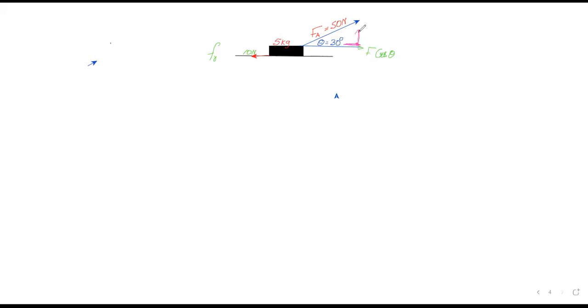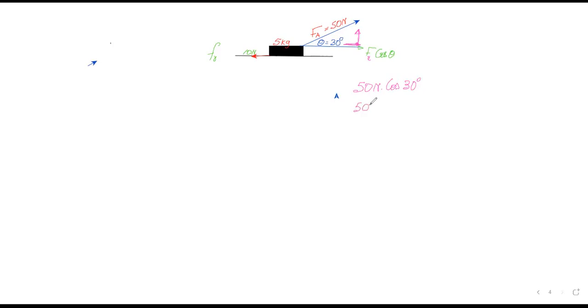The horizontal component can be given by the cos trig ratio. So Fx will equal the force there, 50 Newton, and the cos of an angle theta, which is 30 degrees.